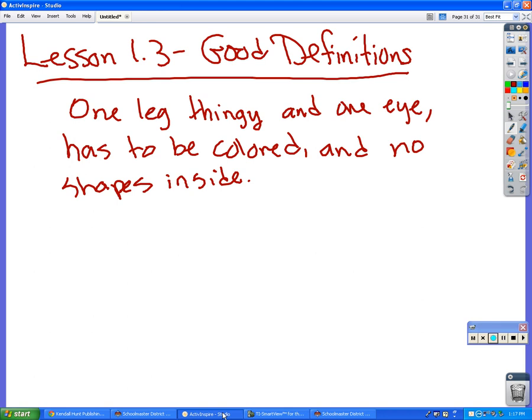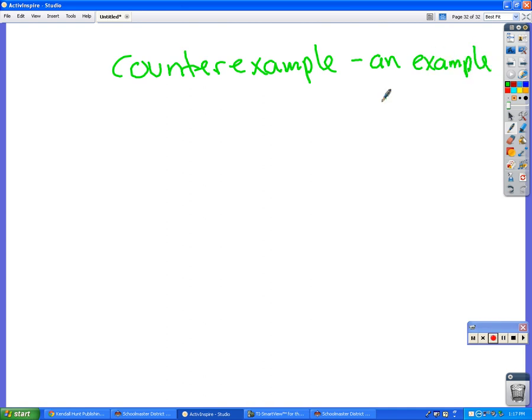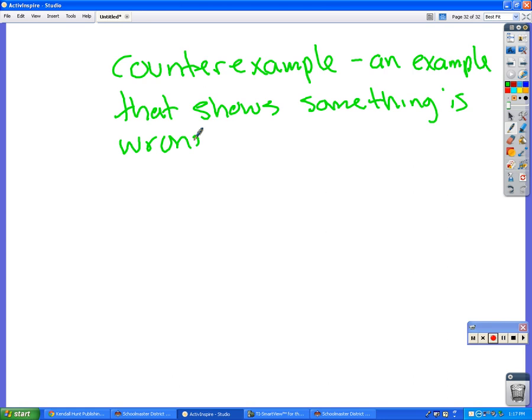What I was doing was giving what is called a counter example, which is an example that shows something is wrong or not true. Okay?